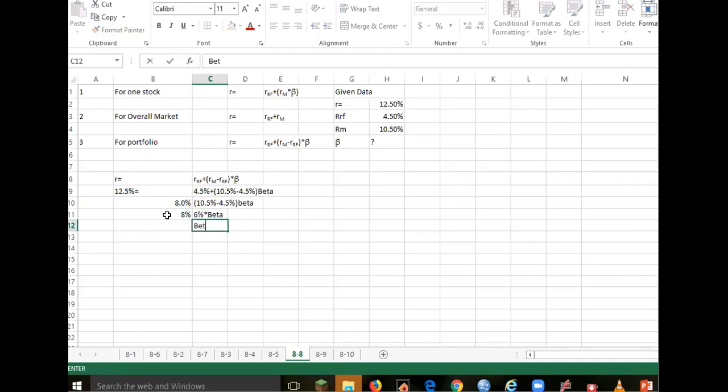So for beta, we take 6% on the other side of the equation. That is 8% divided by 6% is equal to beta. There should not be a percentage, it is general. So beta is 1.333.